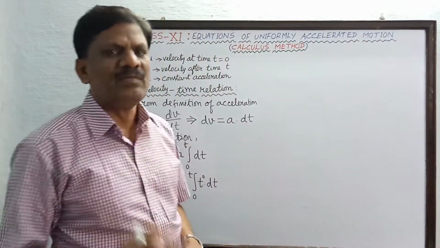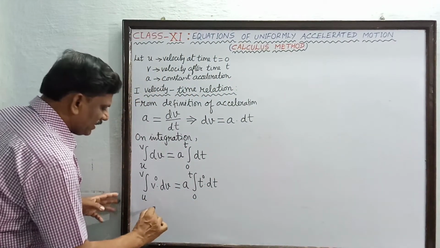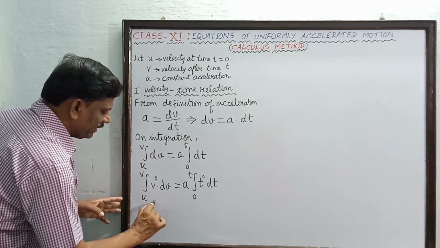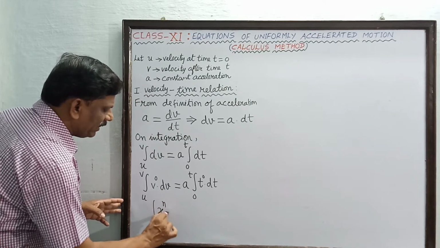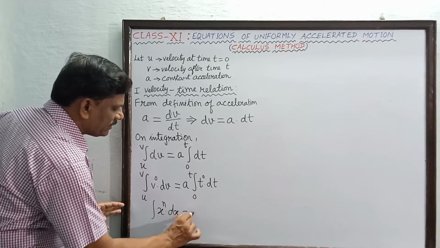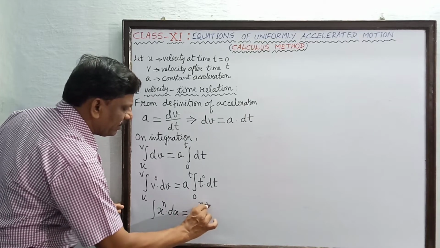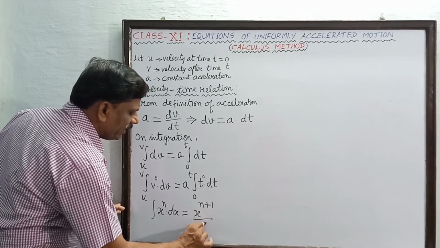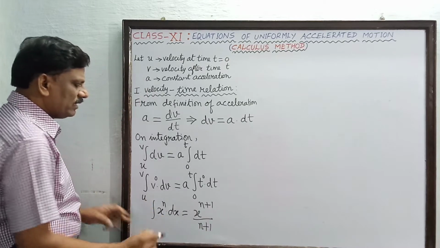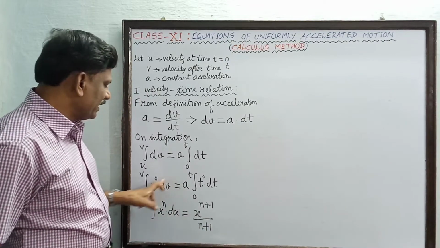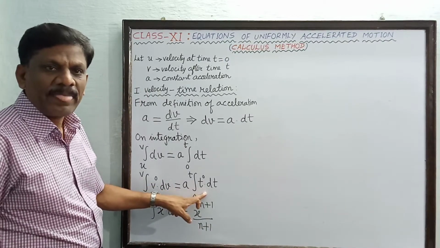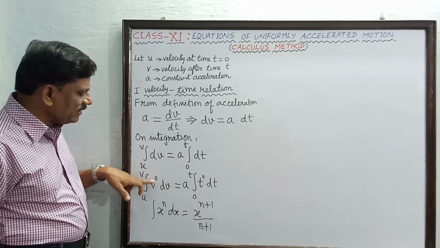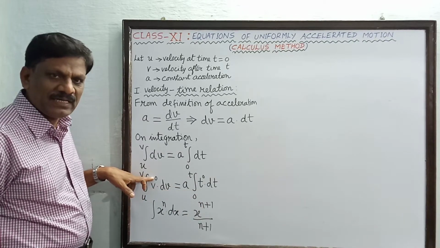So we must remember the standard integral, namely the integral of x power n into dx is equal to x power n plus 1 divided by n plus 1. So this integration has to be applied here, so that on the left hand side velocity is raised to the power 0. Is it not?